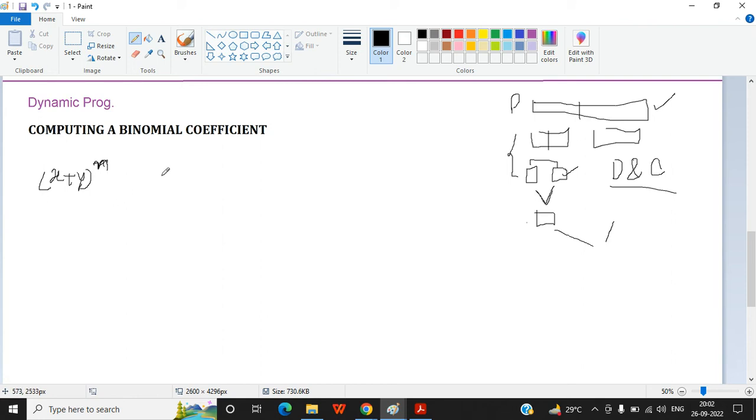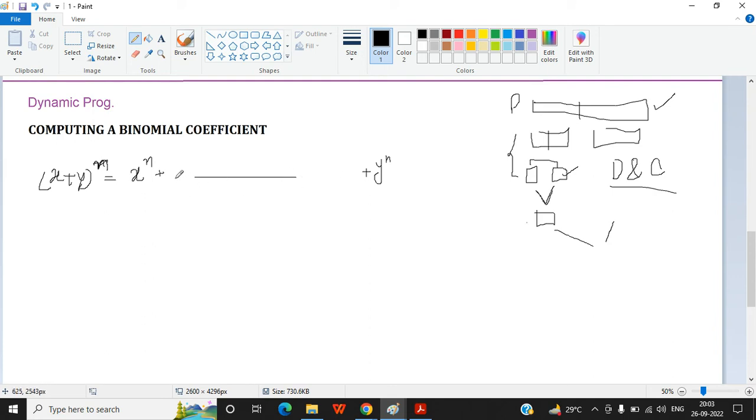So how to expand it? It is x to the power of n, plus some formula, and at the end y to the power of n. In between we will get all the terms.